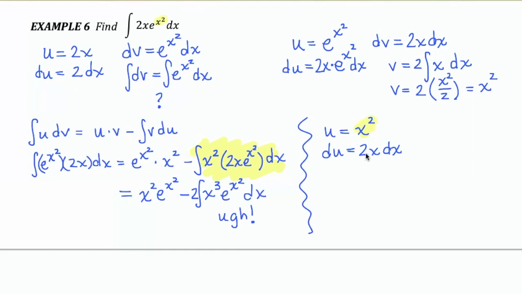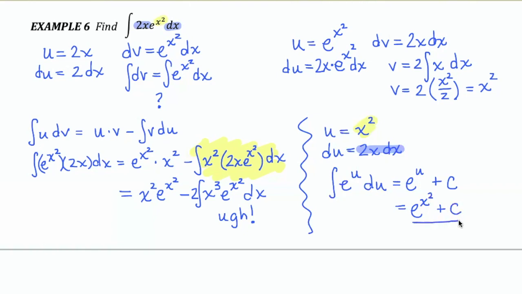And also, without even moving my constant to the other side, I have 2x dx matches 2x and dx. So therefore, I can rewrite this integral as the integral of e to the u, and the 2x dx all gets replaced by du. So that's a very easy integral to cope with. And last step, I just substitute u back in.